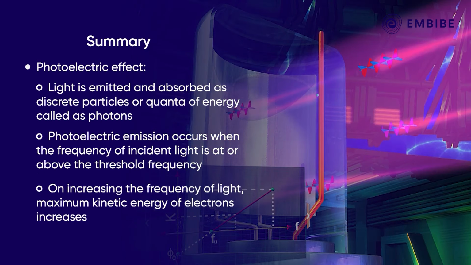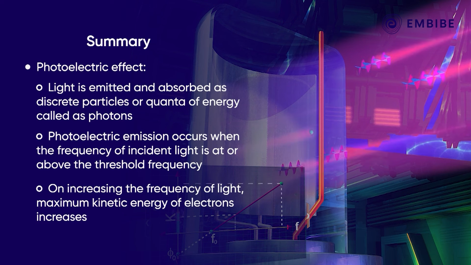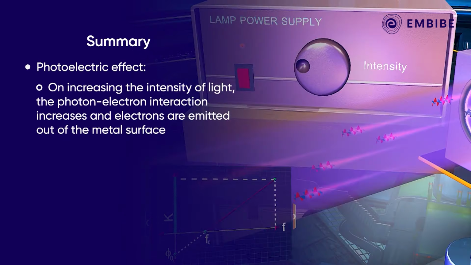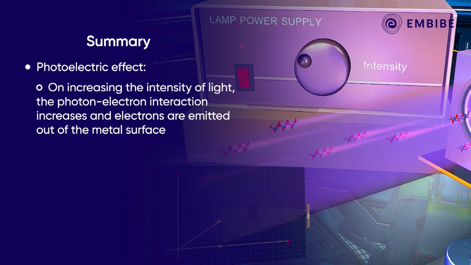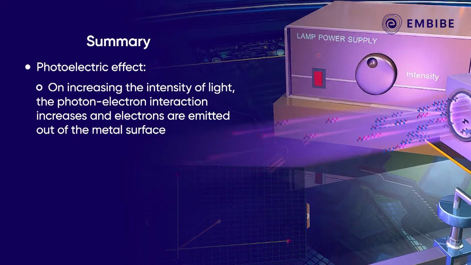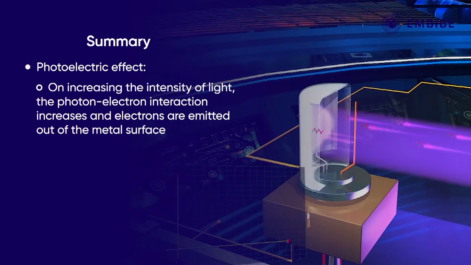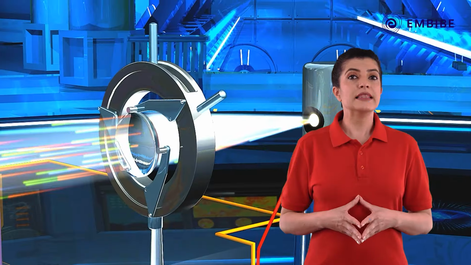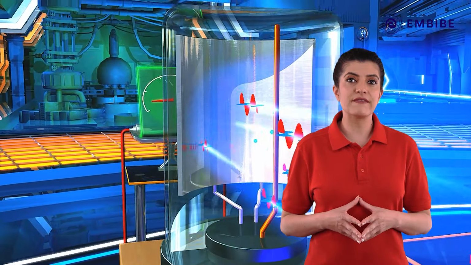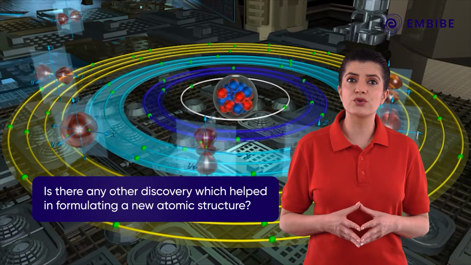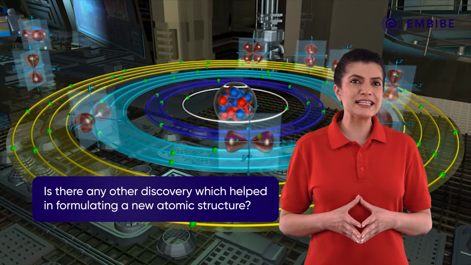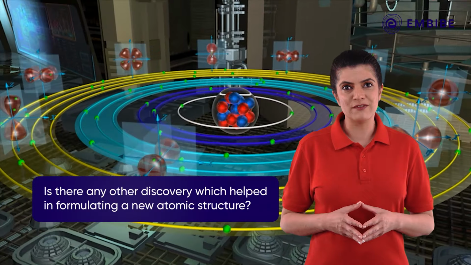On increasing the frequency of light, the maximum kinetic energy of electrons increases. On increasing the intensity of light, the photon-electron interaction increases and a higher number of electrons are emitted out of the metal surface. The particle nature of radiation proved by the photoelectric effect led to a significant breakthrough in formulating a new atomic structure. Let's explore more about it in the upcoming videos.